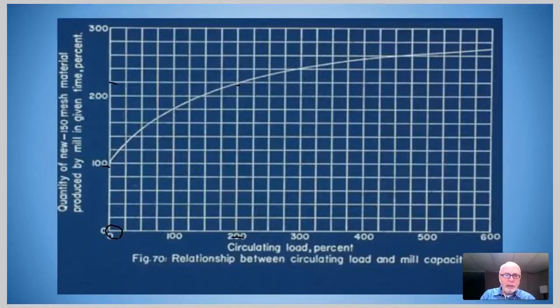And so on, pushing the circulating load up to 400, 500, 600%. Ultimately, the capacity of the circuit was 2.6 to 2.7 times greater than the circuit in open circuit. So this was all done with the same ball mill power and the same final product sizing.